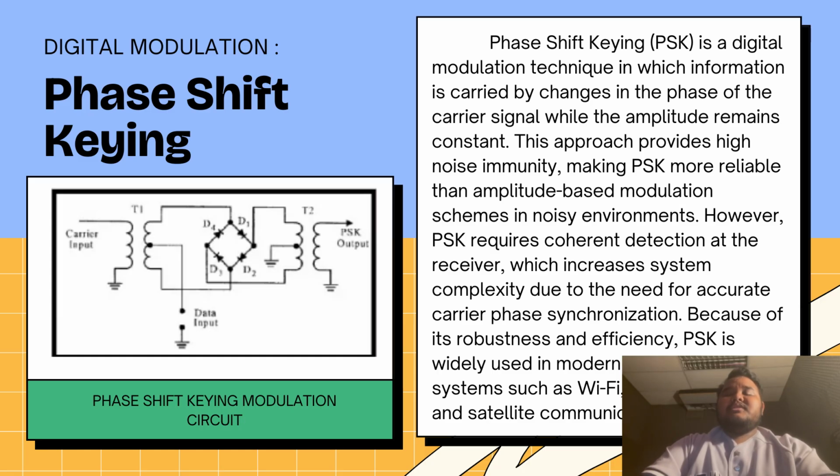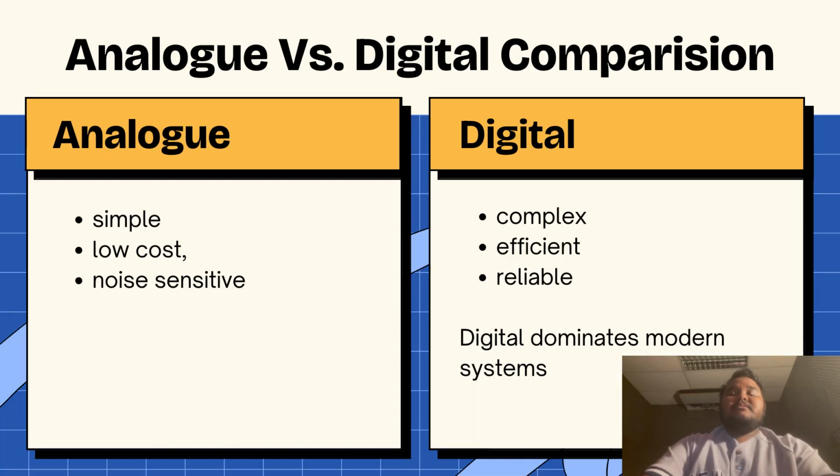Because of its robustness and efficiency, PSK is widely used in modern communication such as Wi-Fi, cellular network, and satellite communication.